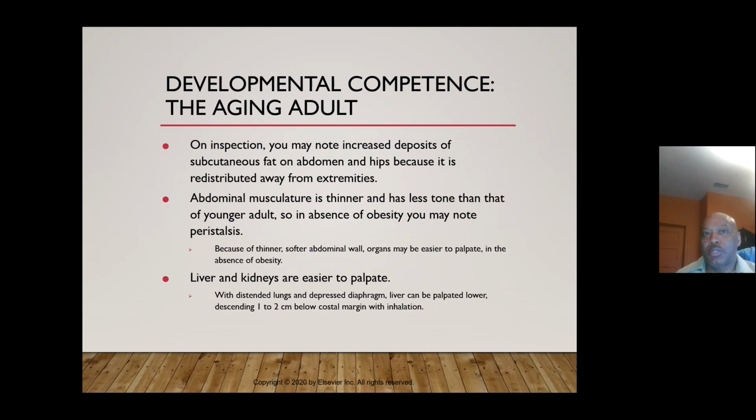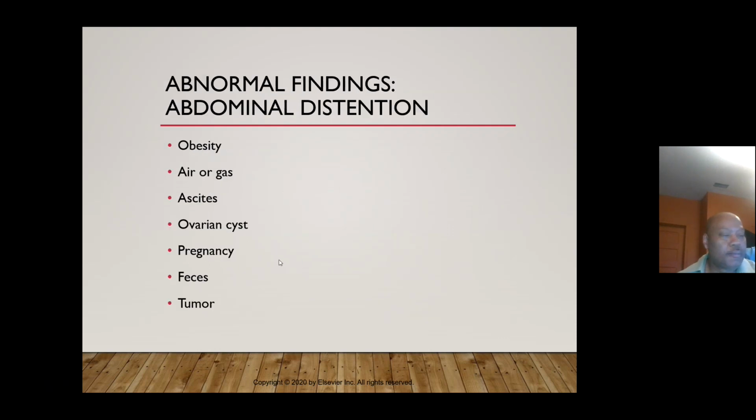So we can't assume that there's nothing wrong just because the patient doesn't express significant pain. We still have to do our due diligence and a thorough assessment on these patients because they just don't complain as much. Take a look at page 554 for this additional information.